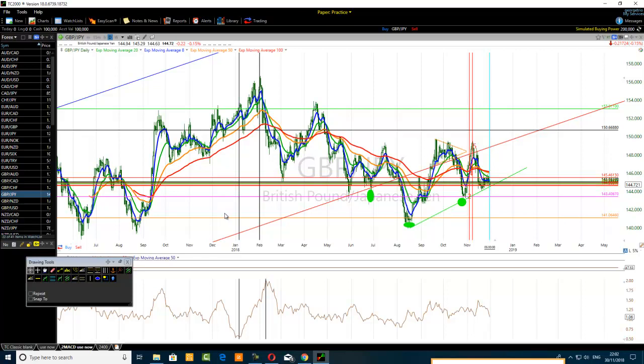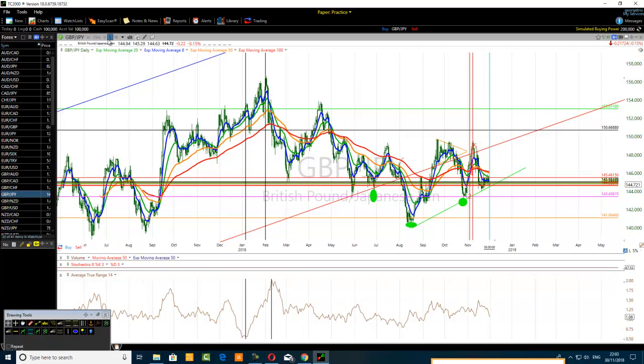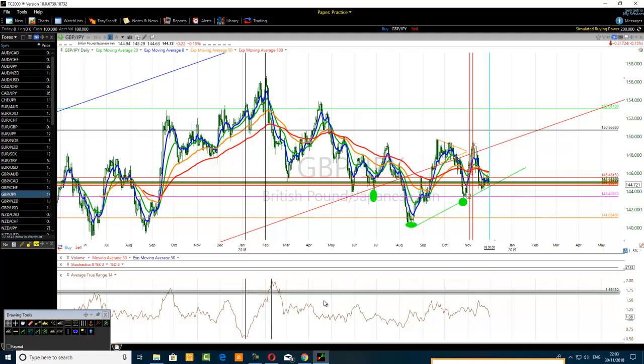Right? So another way that we can use the ATR is this. For this British pound yen, you can see that when it reaches the zone of 1.6, it is topping out. You see here, it went to 1.6, it came back down, it reached this level.